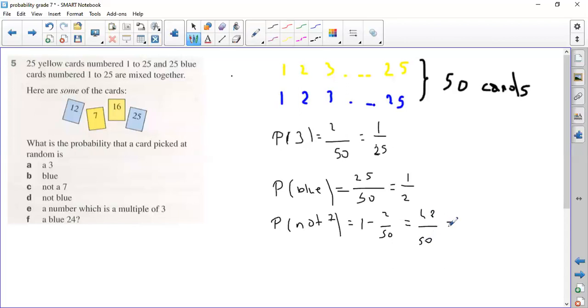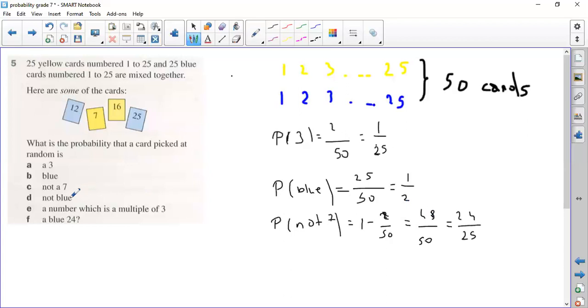And if we simplify with 2, it will be 24/25. So the first way is by subtracting from 1 the probability of getting a 7. Or, if you take out the 2 7s, the cards that will remain, 50 minus 2, will be 48 cards.